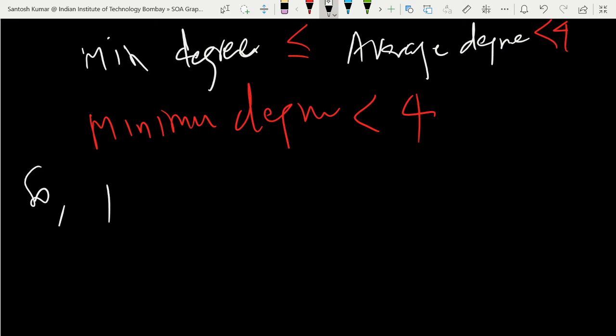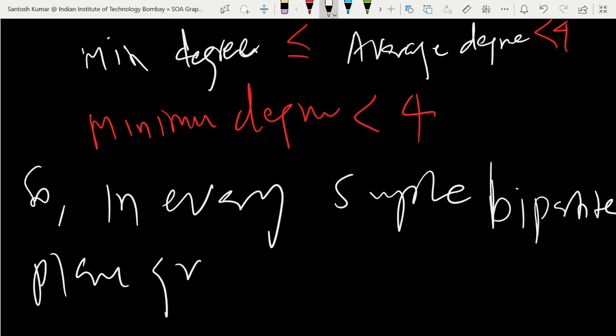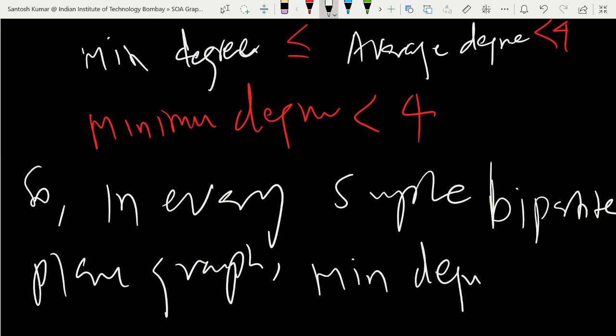So in every simple bipartite planar graph, the minimum degree is less than 4.